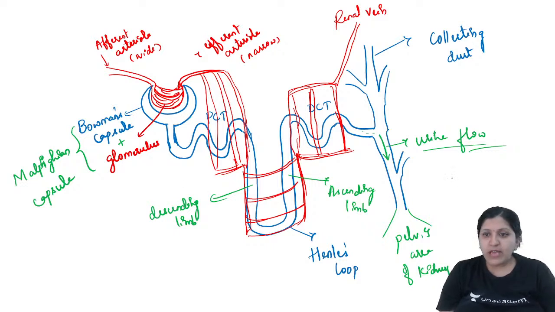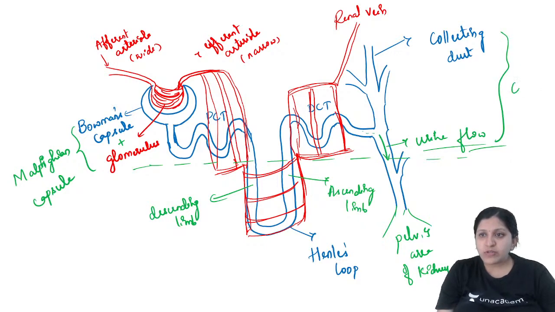So let's see. Now you can see over here, let's say if we make this division over here, this particular part comes under the cortex region. Under the cortex region, you will find this dot-like appearance.